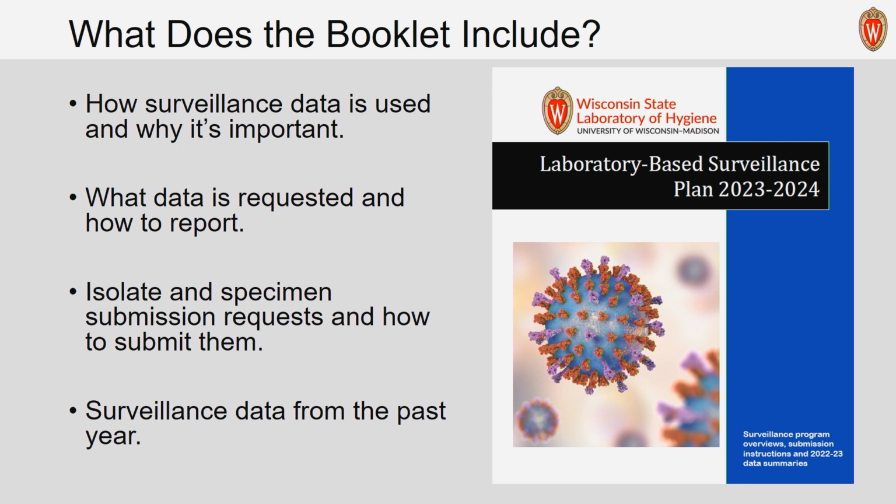So what's in this book? It covers a lot of different things we're going to talk about this morning. How surveillance data is used and why it's important, what data is requested and how to report, isolate and submission requests and how to submit them, and surveillance data from the past year. So you can see exactly what's coming out from what you've been submitting.